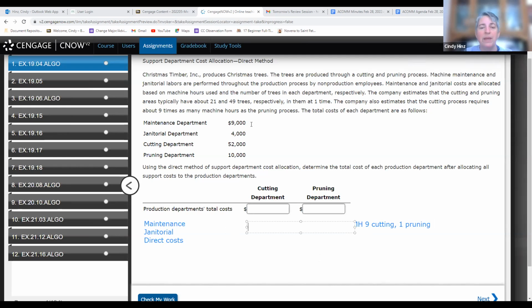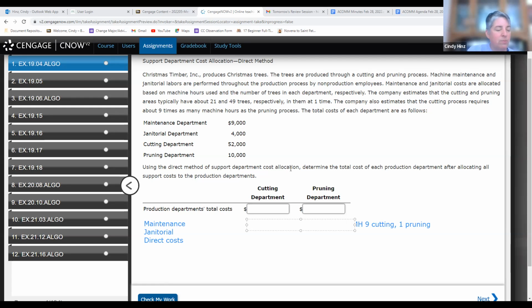So the total cost for maintenance is $9,000. We are told right here in this table. And 9/10 of that cost is incurred by the cutting department.